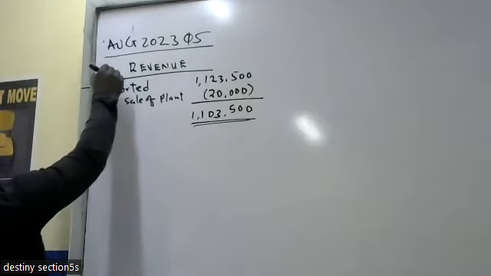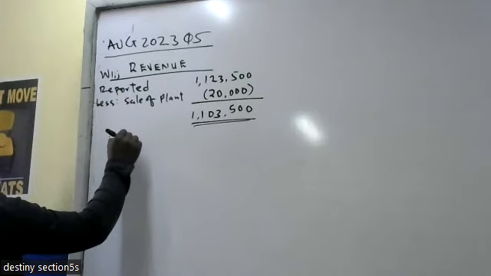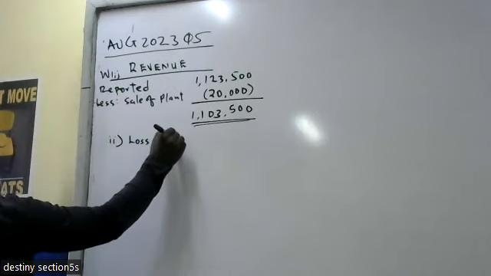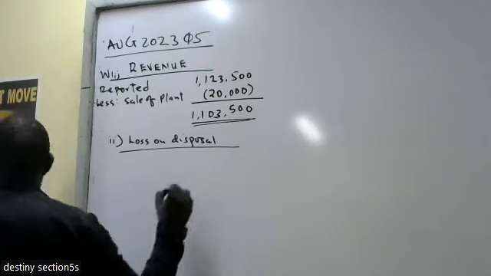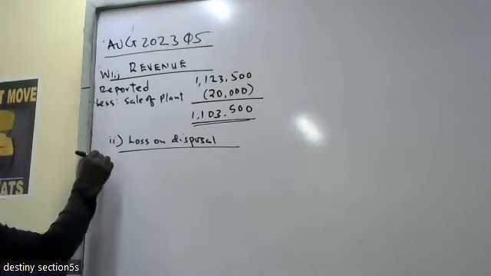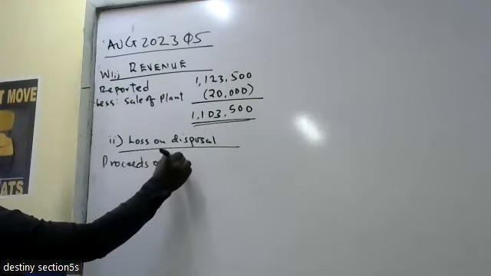Then working 1.2: there was loss on disposal.